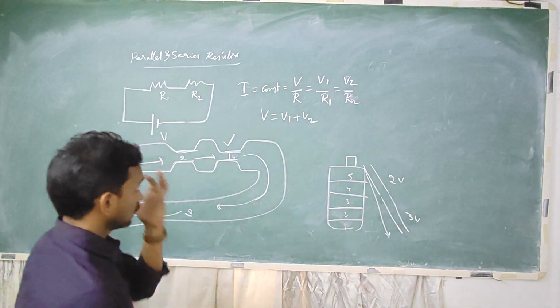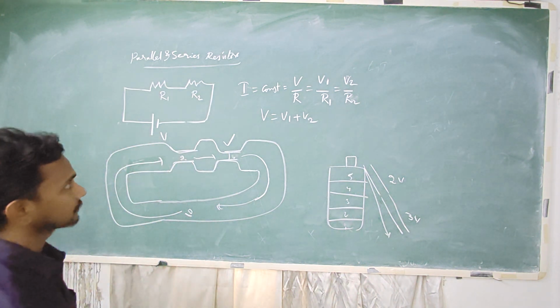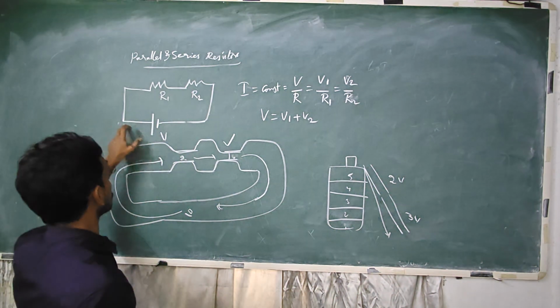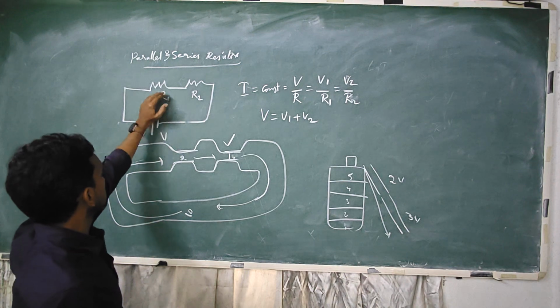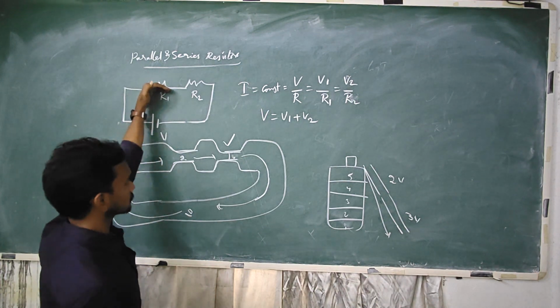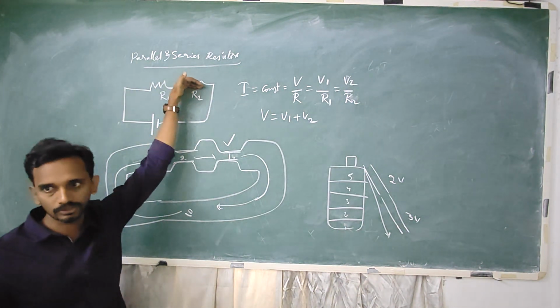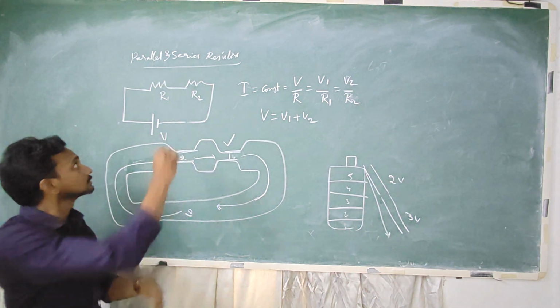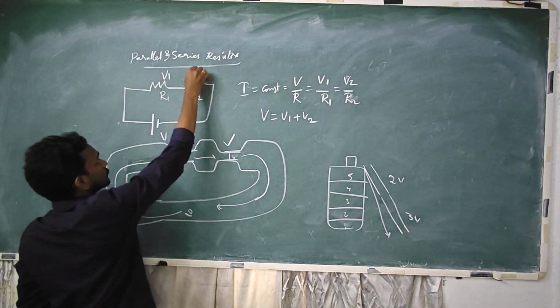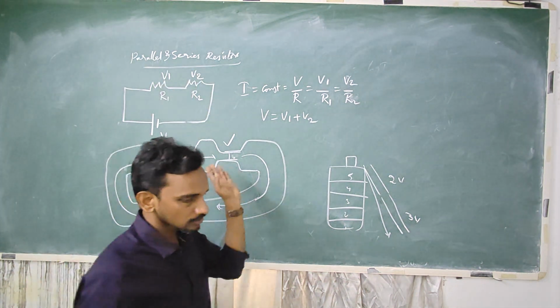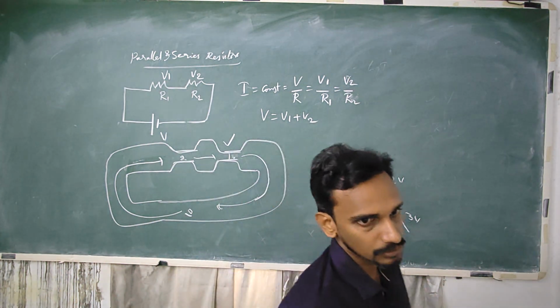Okay. So now, how to write that equation? The total voltage I am supplying will be dropped partially at this resistor, and the remaining part will be dropped at this resistor. So let's say V1 is the potential drop here and V2 the potential drop here, so the sum of these two will be equal to the total voltage.